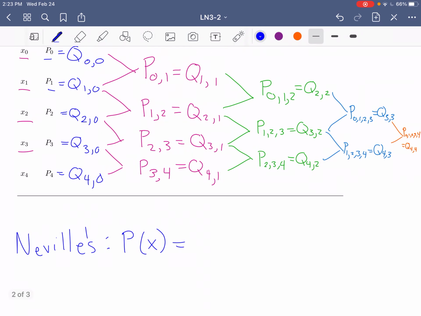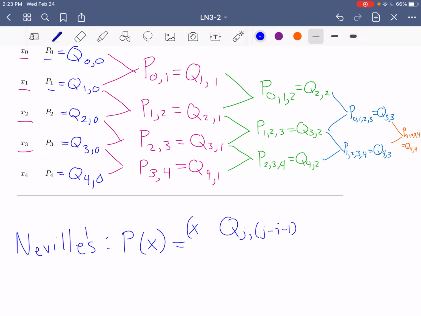But we're going to build on the Lagrange polynomial that ends at j and begins at j minus i minus 1.